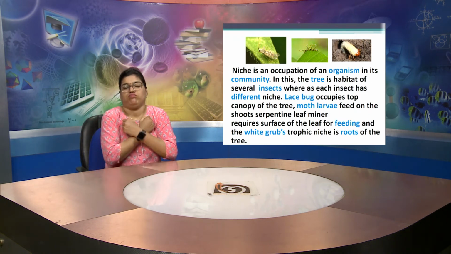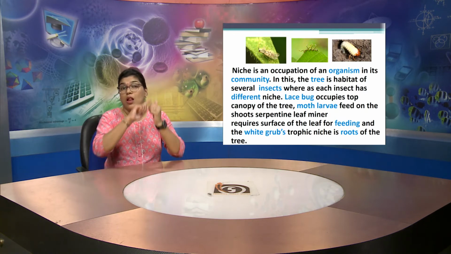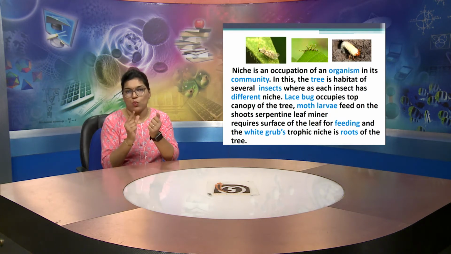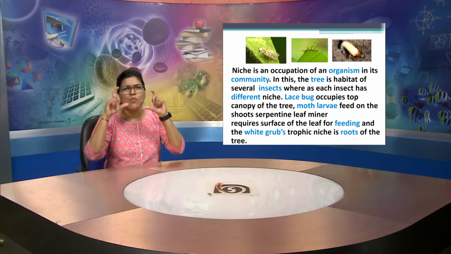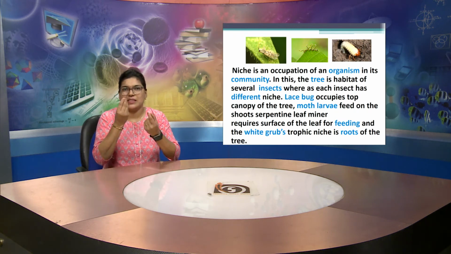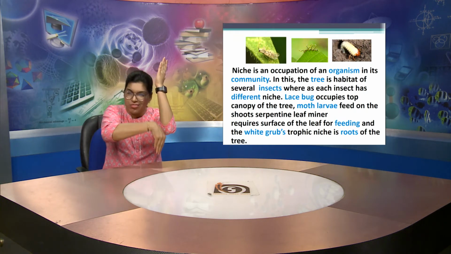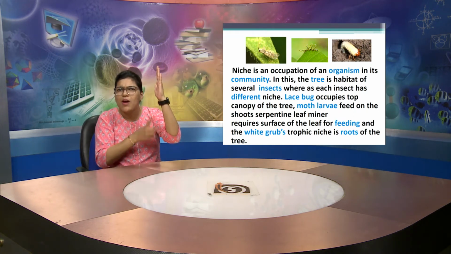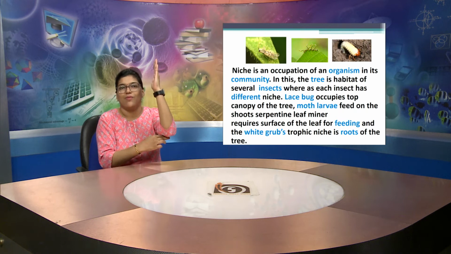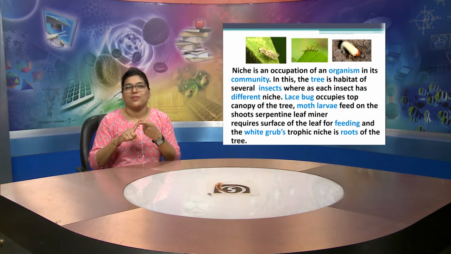And then there was another organism with name white grub. Its trophic niche is root of the tree. It was found under the ground in the roots of the plant. So one habitat has different organisms at different places. This is niche.